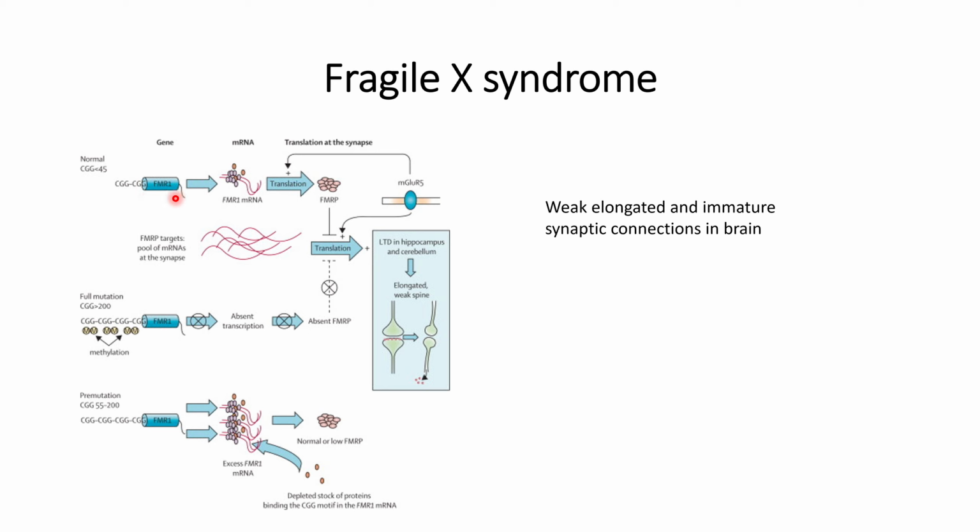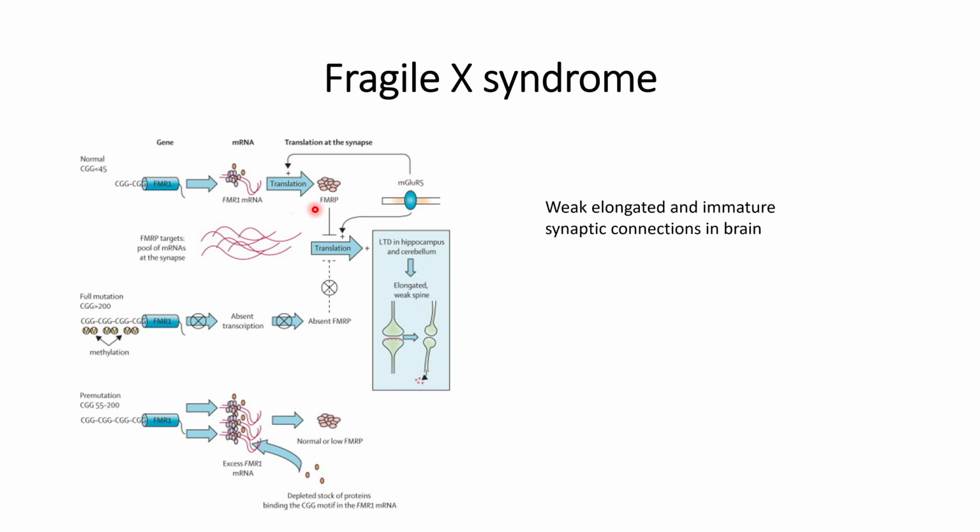First is transcription of this gene, which leads to the formation of mRNA of FMR1, and after transcription, translation occurs. As we know, this is the central dogma of the cell.